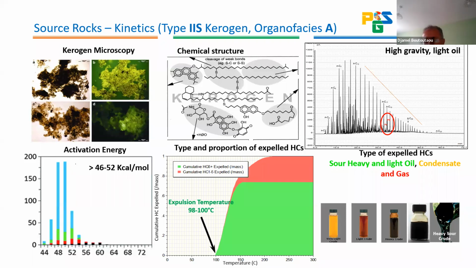When you sell your oil to the refinery, since your oil is sour, the acid can form and attack and corrode the material. So you have to be prepared for that.